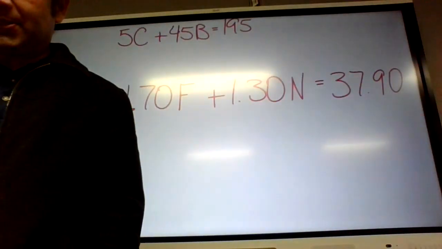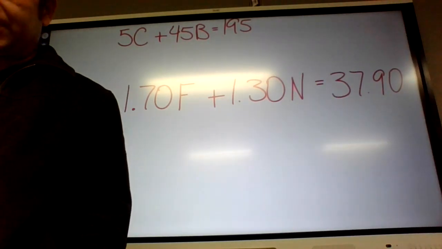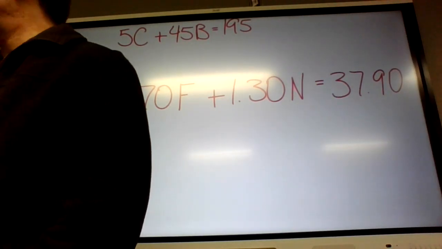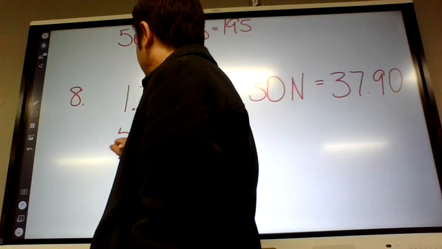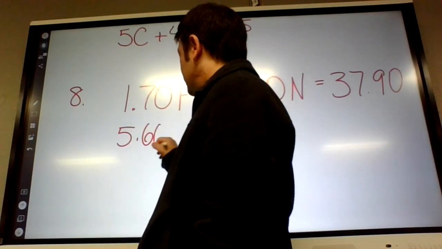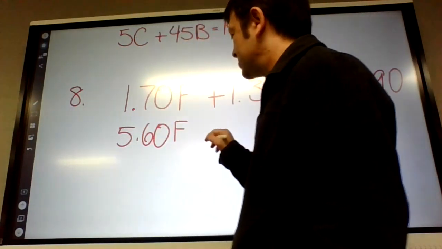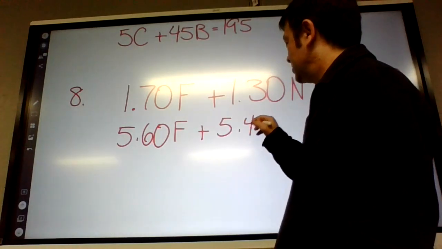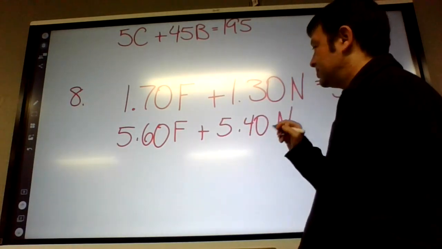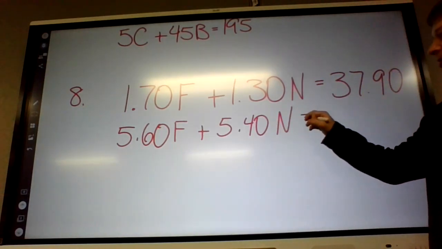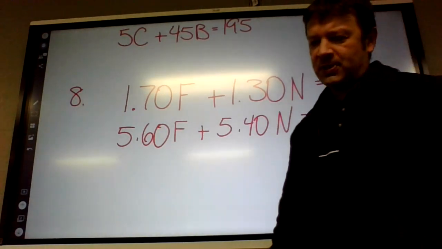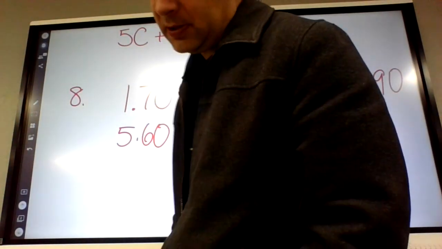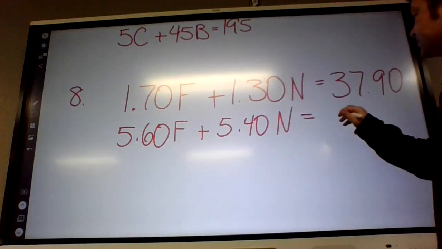So it says they sell forks for $5.60 and spoons for $5.40. So they get $5.60 times the number of forks, and they get $5.40 times the number of spoons. And in total, they made how much money? $147.20.